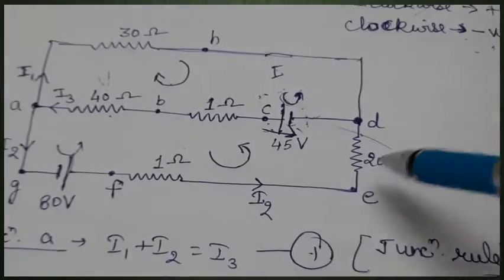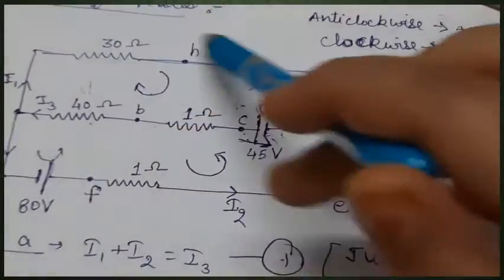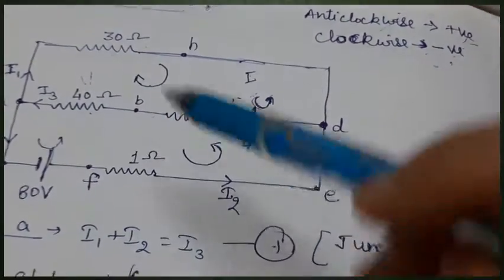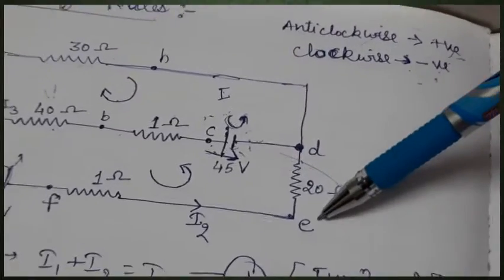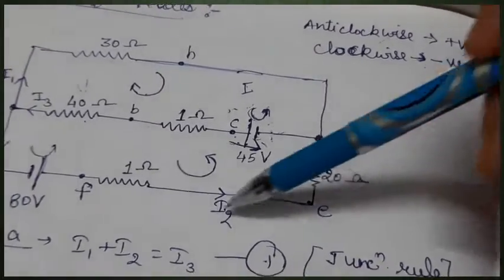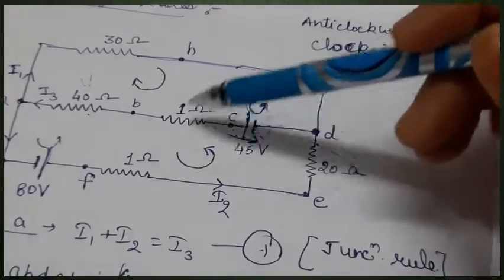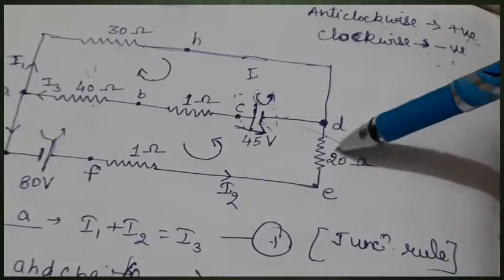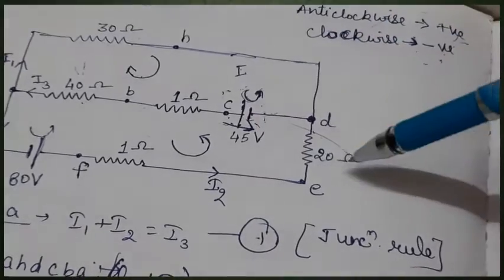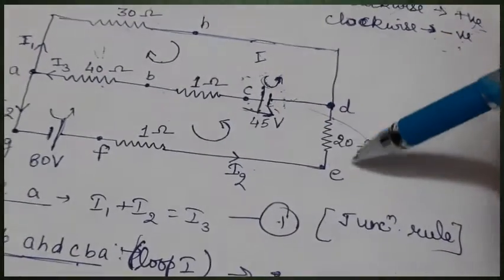Then the next resistor in this outer loop, we are leaving the middle branch here, is 20 ohm, and the current through 20 ohm is I2, which is in the anti-clockwise direction. So it will be positive.